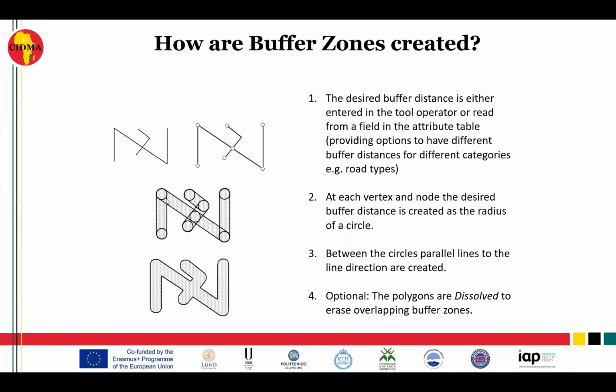And if I want to have areas calculated, then my area wouldn't be correct. But we can dissolve that after. So if they overlap, they will disappear. The polygons are dissolved to erase overlapping buffer zones. And that's an option we have.